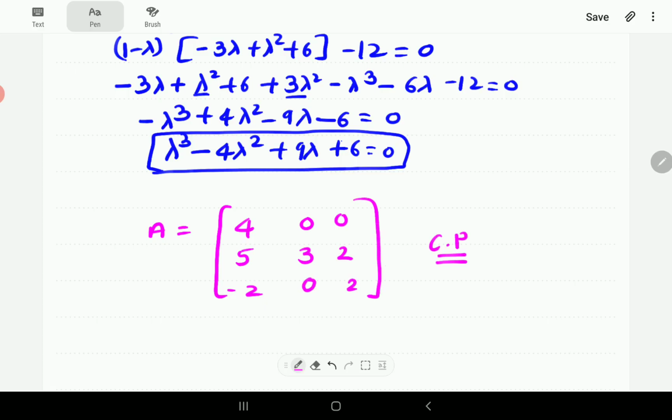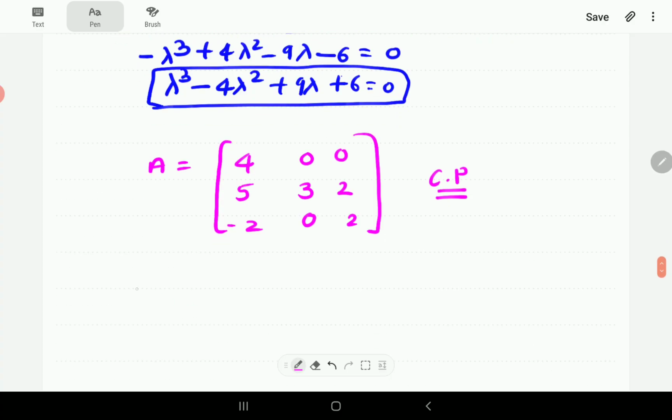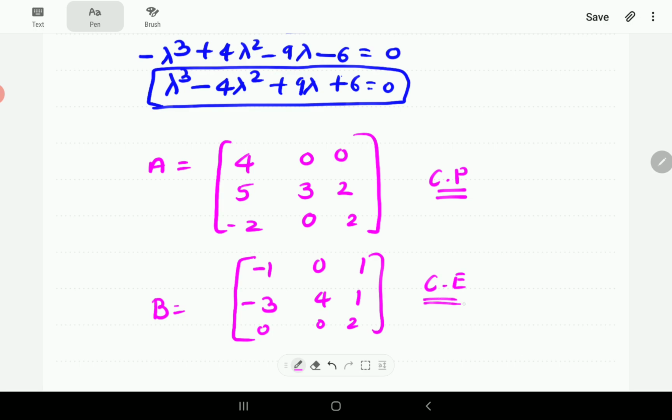Also let me give you one more. Let B be minus 1 0 1, minus 3 4 1, 0 0 2. Find the characteristic equation or polynomial of this particular matrix. Answer in the comments, guys, what answers you are getting for these matrices.